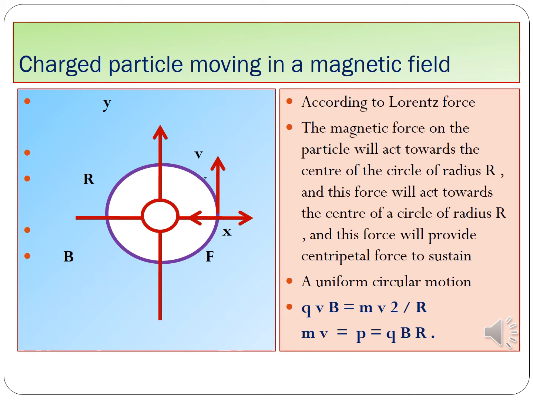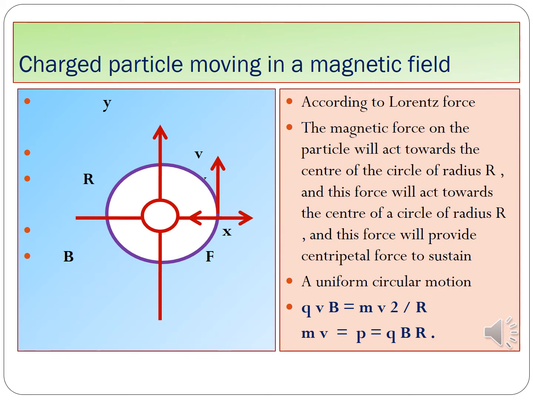Students, suppose I consider a magnetic field and a charged particle undergoing circular motion. The figure shows a uniform magnetic field directed perpendicular into the plane of the paper, that is, parallel to the negative z-axis.